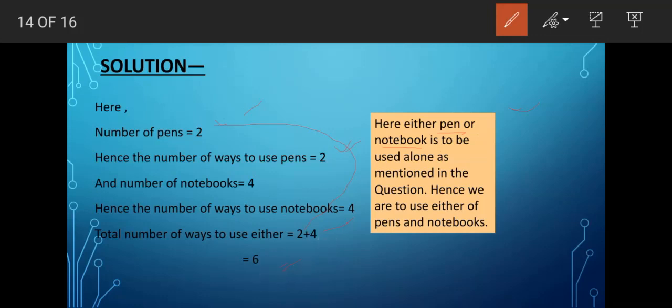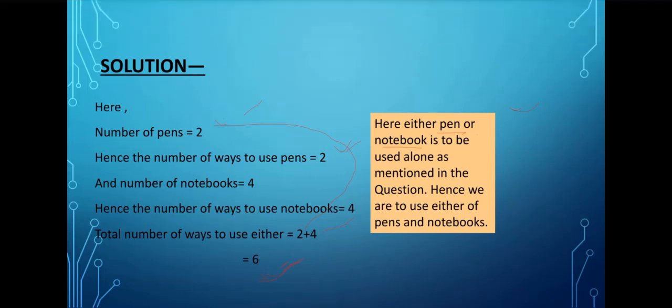In this case, both are not to be used. Either these 2 options for pens or these 4 options for notebooks we are to use. Combining both, in total we have 6 pieces of pens and notebooks. So any one of these 6 options we have to choose. Therefore, the total number of possible options will be 6 by the fundamental principle of addition.